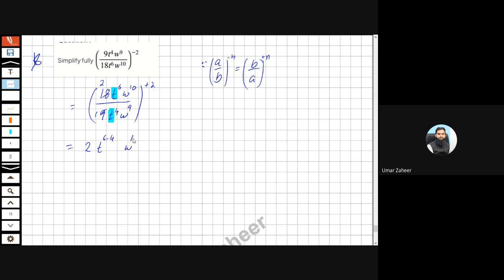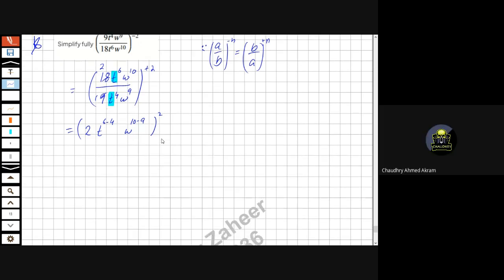The same base, we have to subtract the powers. 10 minus 9, whole raised to power 2 as it is. Yes, anyone who did not get this step? Is it clear for all of you? Yes, sir.